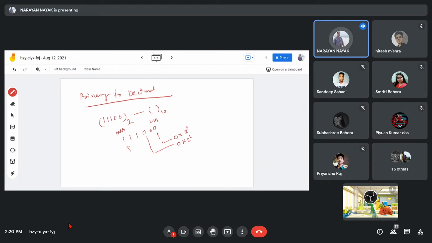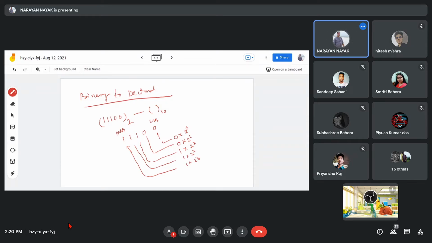This is 1, this is 2, this is 3, this is 4, like this. And this one is 1 into 2 to the power 2, this one is 1 into 2 to the power 3, and this one is 1 into 2 to the power 4.